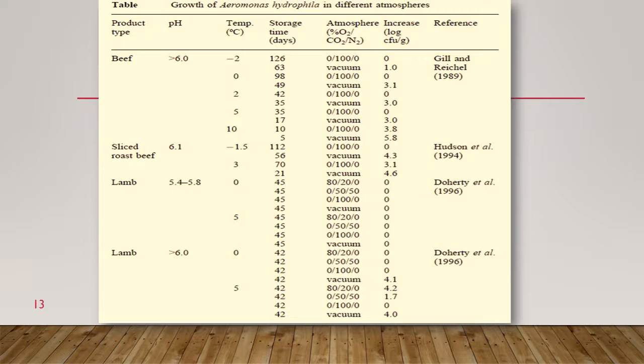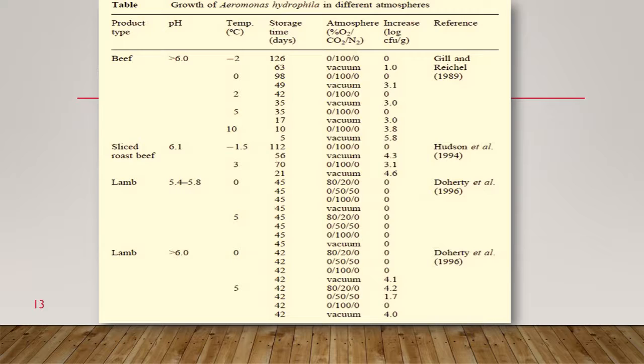Now coming to the next slide, which is growth of Aeromonas hydrophila in defined atmosphere. Product types are beef, sliced roast beef and lamb, and their pH conditions: beef less than 6, sliced roast beef 6.1, lamb 5.4 to 5.8, another lamb less than 6. Their temperature conditions: beef minus 2 degrees centigrade, again 0, 2, 5 and 10 degrees centigrade.